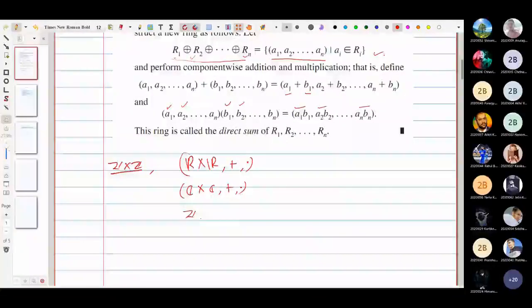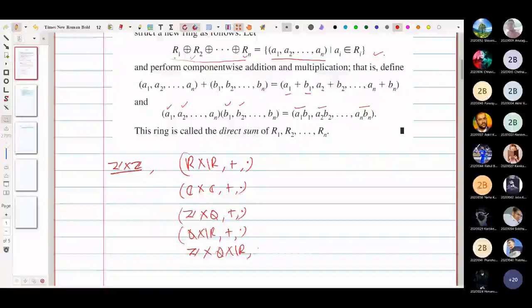We can also talk about Z cross Q under addition and multiplication, Q times R under usual addition and multiplication, and Z cross Q cross R, these products.